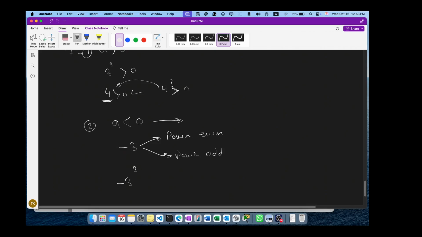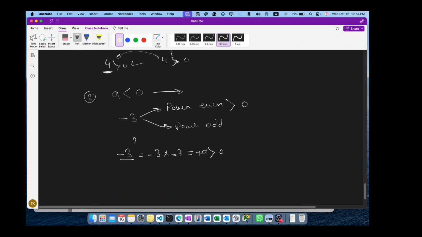I have minus 3 power 2. What do I do here? According to the first rule, minus 3 times minus 3. Minus times minus is plus, so 3 times 3 equals 9, bigger than 0. This means when the power is even, the result is definitely bigger than 0. What will it be if the power is odd? What does odd mean? It means it is not divisible by 2. Minus 3 power 3. How many minus 3's do we have here?